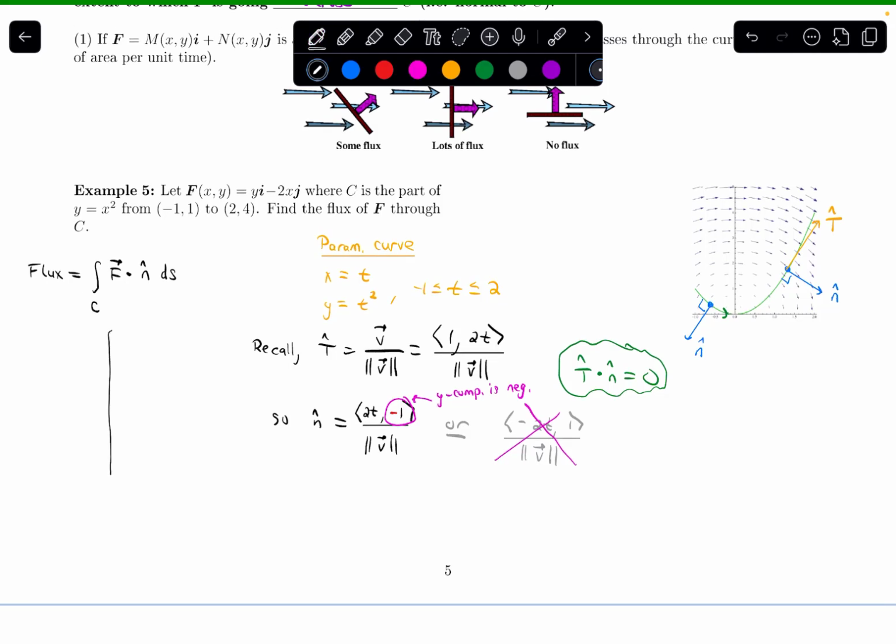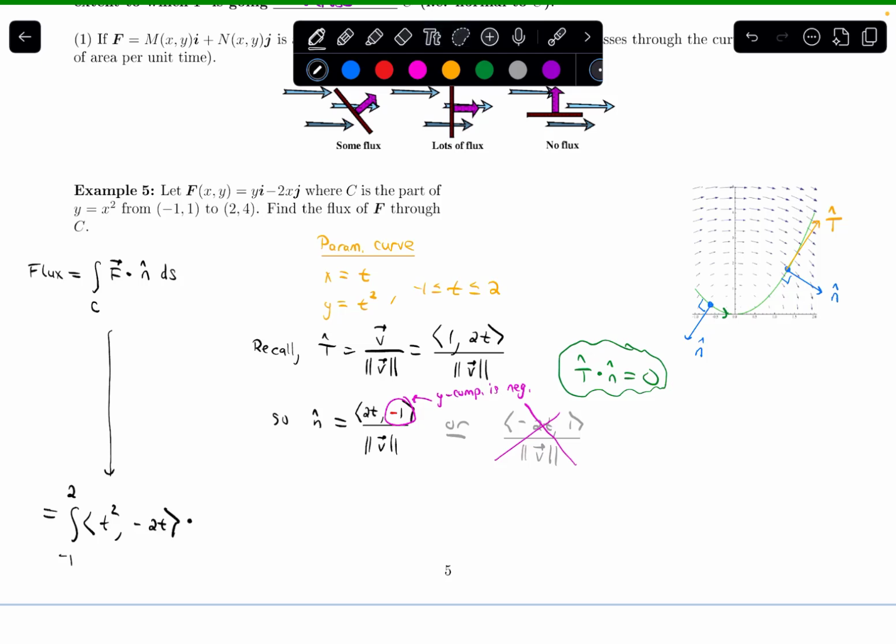So this flux converts to a regular integral, which based on my interval for t goes from -1 until 2. And I take my vector field, and I'm going to plug in our parameterization. So when I do that, I'll get the vector, so I'll get y first, which is t squared, and then comma negative 2x, which becomes negative 2t.